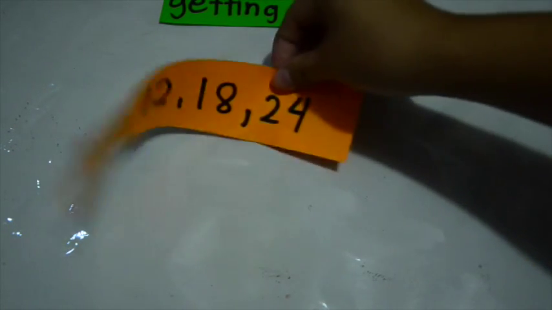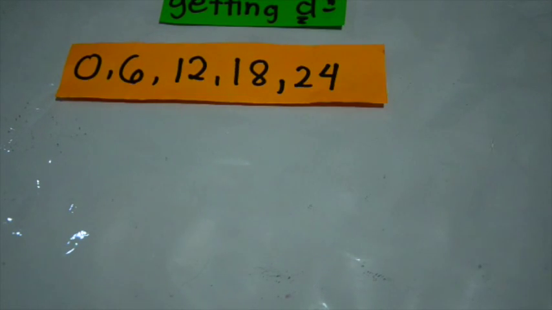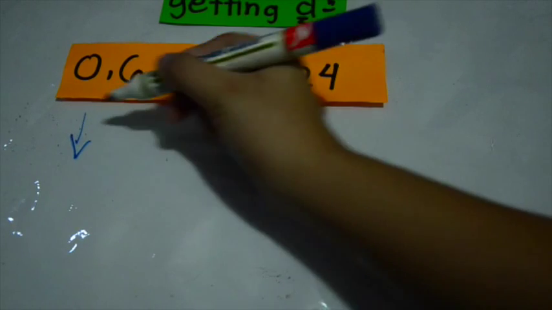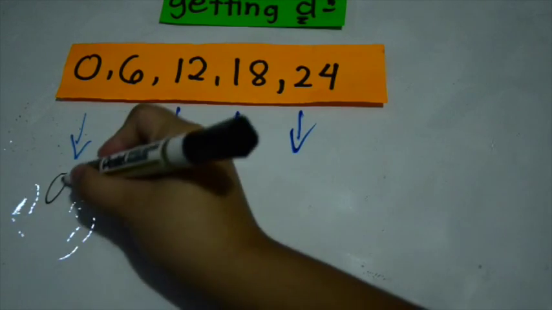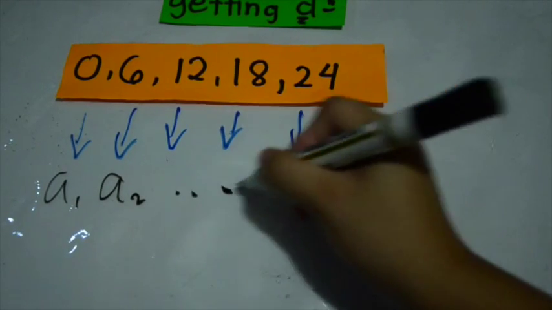Suppose you're trying to get the common difference in a sequence, and we have the sequence 0, 6, 12, 18, 24. We can find the common difference by first assigning variables for each term, and so on.